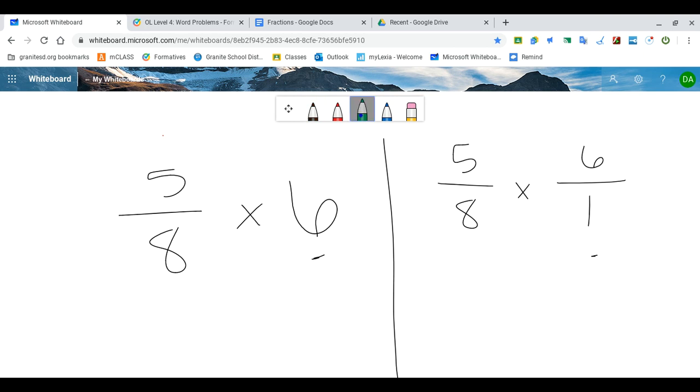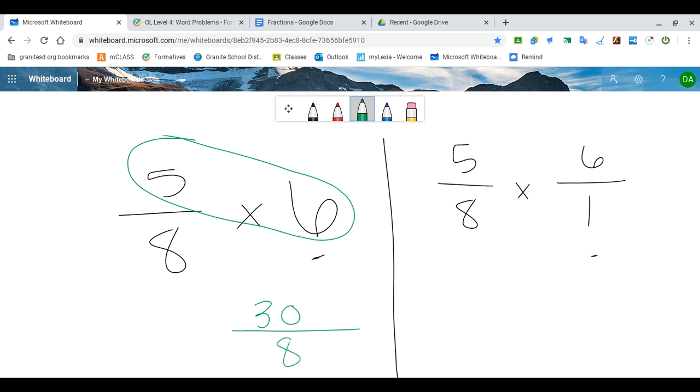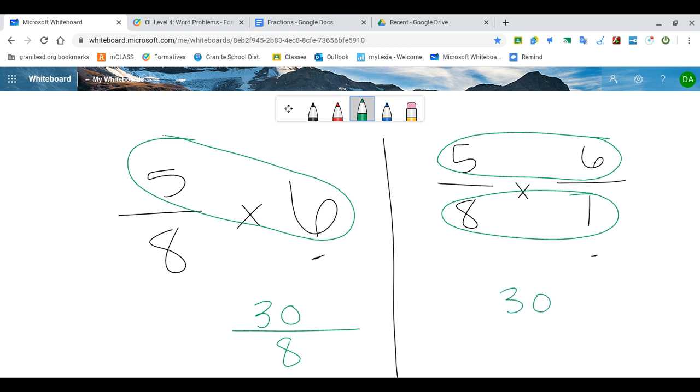If I want to do it this way, I'm going to do 5 times 6, which is 30, and I'm going to leave my denominator the same, just like we've done the whole year, which is going to be 8. If I want to do it this way, all I have to do is multiply straight across, which is really easy. 5 times 6 is 30, and 8 times 1 is 8.